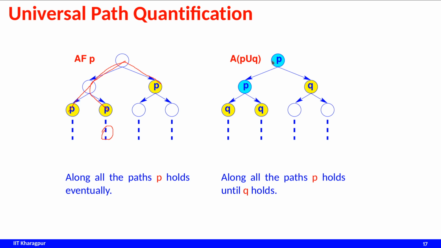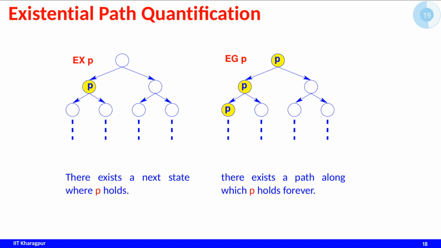Next, A of P until Q. If you look at this path, P until Q is true. If you look at this path, P until Q is true. If you look at this path, P until Q is true. So along all paths, P holds until Q holds. Similarly, for existential quantification, if you have EXP, then there is a next state in which P holds. And similarly, EGP, I need just one path along which P should hold.